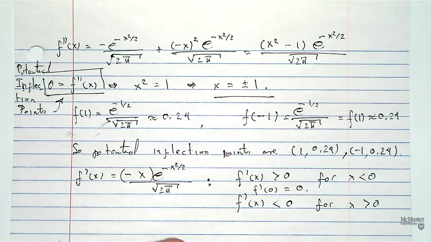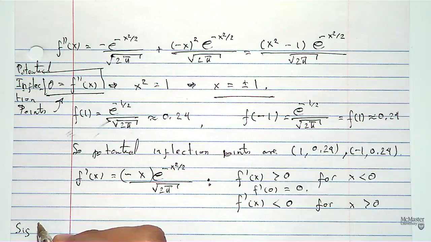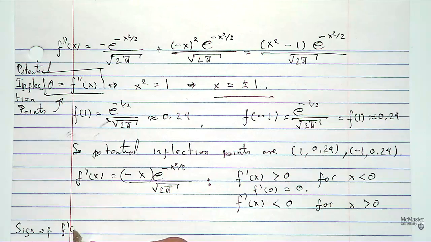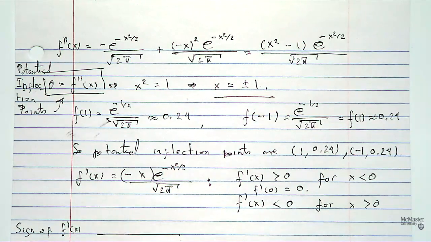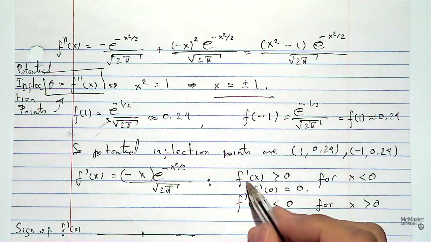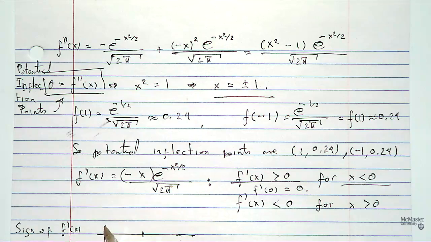So the last piece of information, well, actually, we still have a couple, but the sign of f prime of x, if you think about it, now my domain is the whole real line. 0 is a critical point. f prime is greater than 0 for x less than 0. So if I consider the sign, here it's positive, here it's negative.